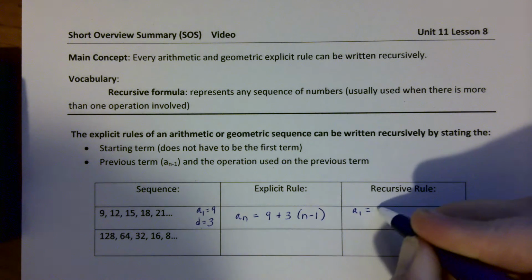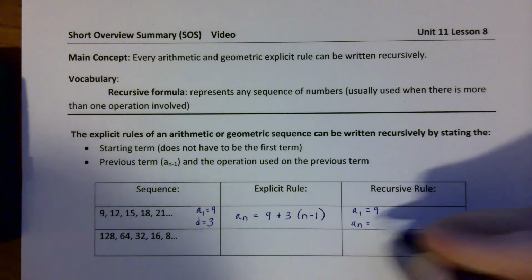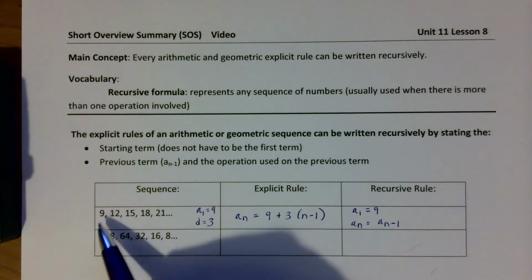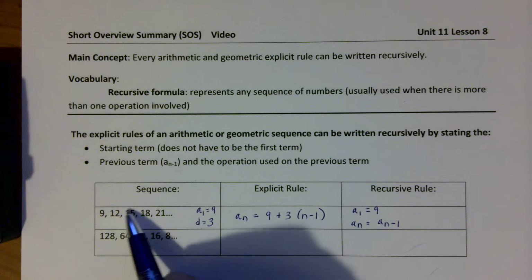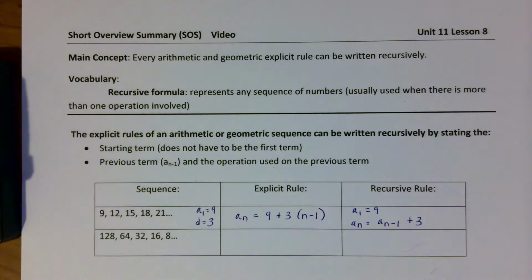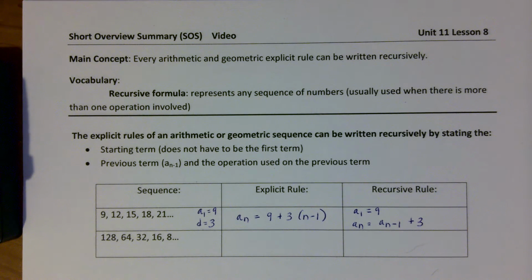So a sub 1 is 9. And then we say to find any term, we're going to take the previous term, and what we did to each of the previous terms, we added 3. So our pattern was we added 3. That's how it would be written recursively.